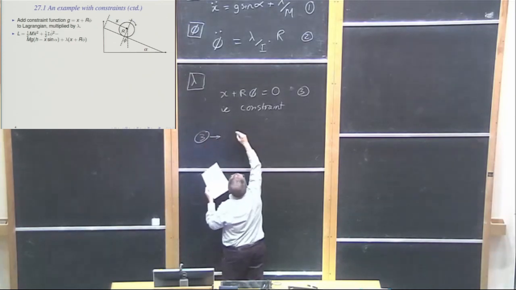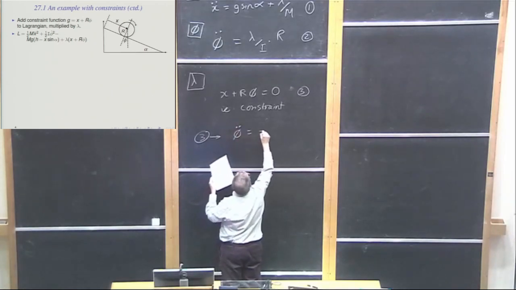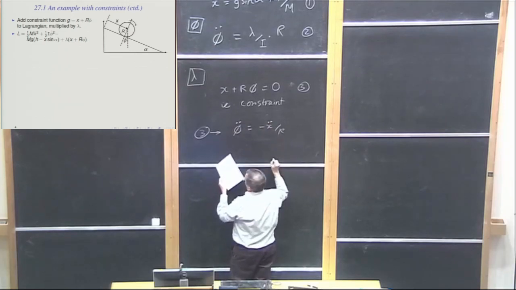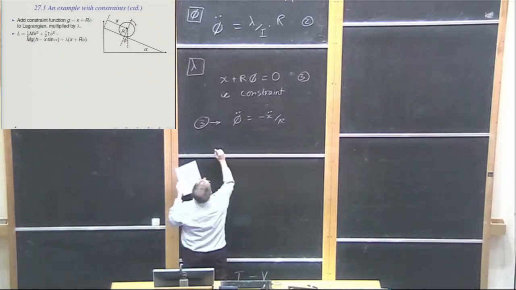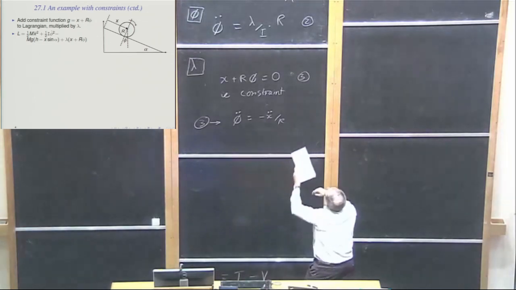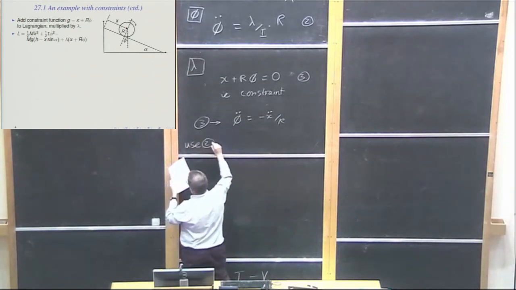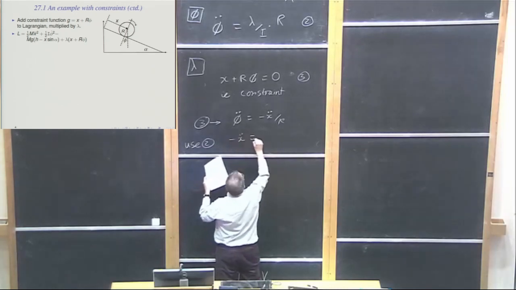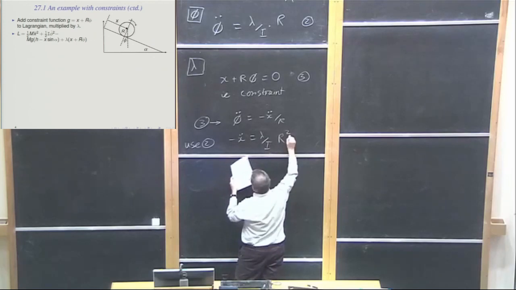I can just put phi on one side and differentiate it twice, so I get phi double dot equals minus x double dot over r. And if I make use of 2, which also gives us phi double dot, then I get minus x double dot equals lambda over I times r squared.